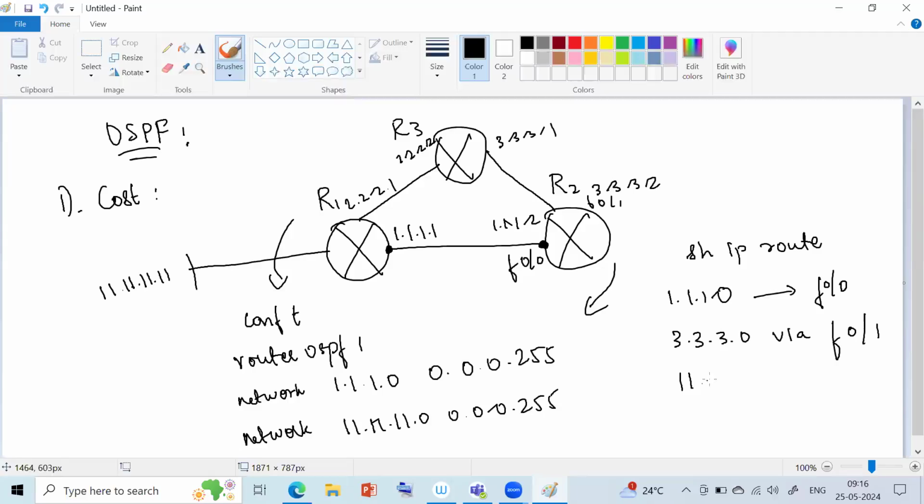So it will be able to see 11.11.11.0, and this will be via 1.1.1.1 through the interface F0/0, right? But there is one more way that it could learn.